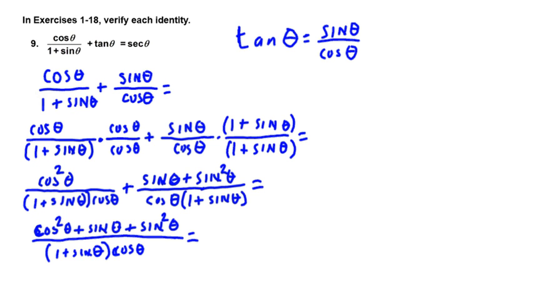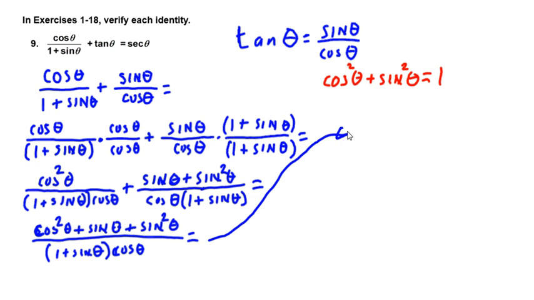Now, we have in the numerator cosine squared theta plus sine squared theta. I hope you recognize that as a Pythagorean identity equal to 1.